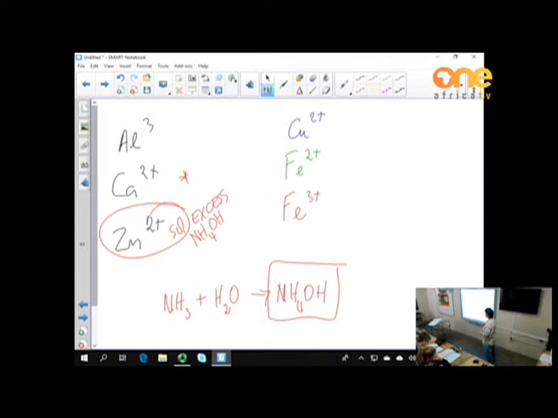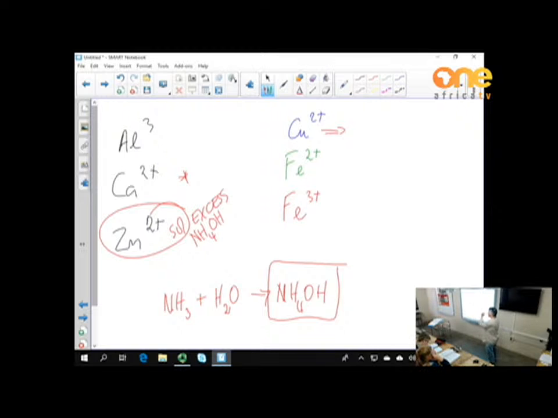Okay, now, when we have a look at the metal ions with ammonium hydroxide, we said we get the light blue precipitate, the green precipitate, and the red precipitate. Here by copper, there's something extra that happens. If I add excess to all of them, the green precipitate will remain, the red precipitate will remain.